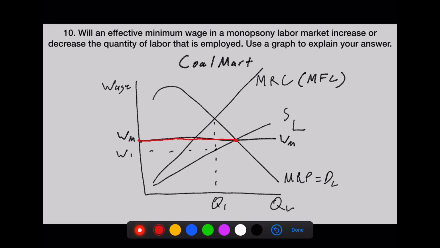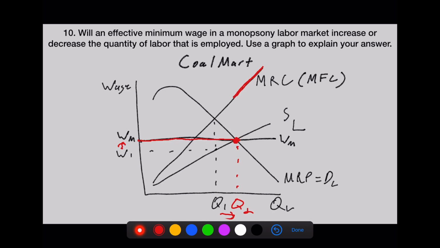That means that once we get to that point, MFC then jumps way up high, up to here. And we're going to increase the amount of labor that we hire because MFC now meets MRP here. So Q2, that's more workers we're going to hire, and we're going to pay them more money. That's very different from a competitive labor market.